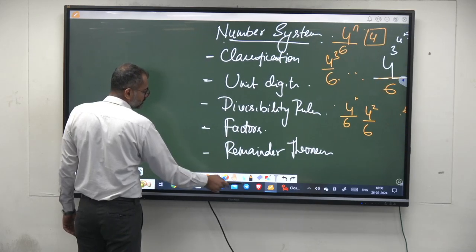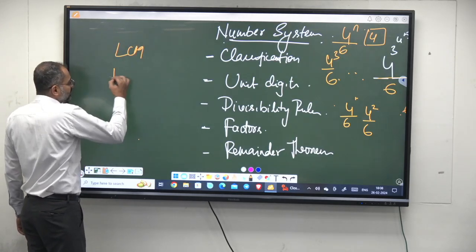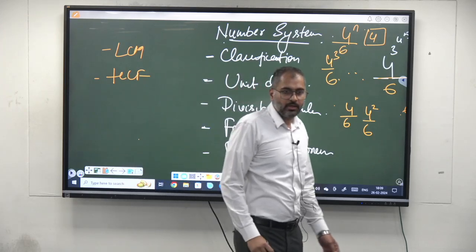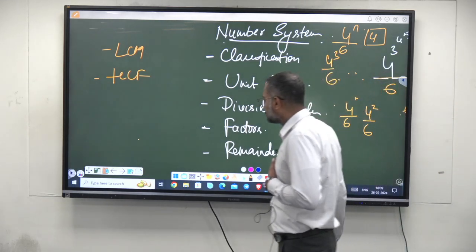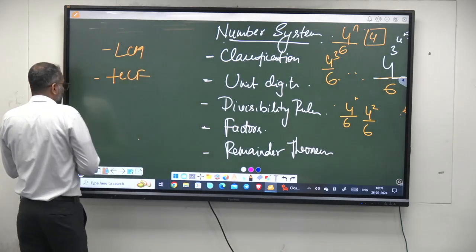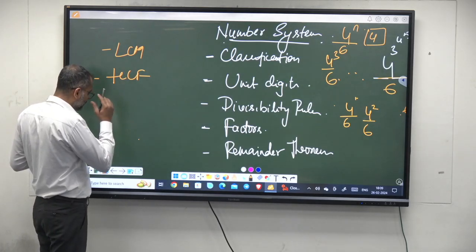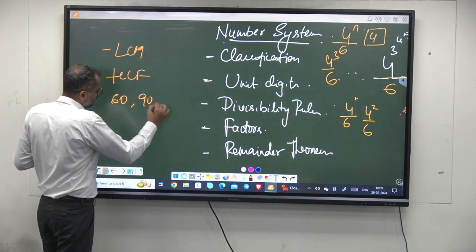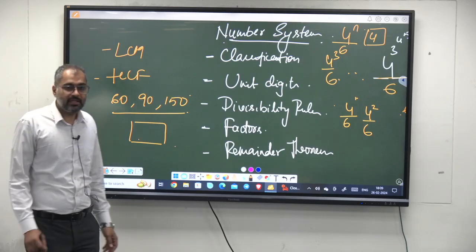After this, LCM and HCF. If I ask you, which is the largest number which when divided into 60, 90 and 150 leaves 0 remainder? 60, 90, 150.